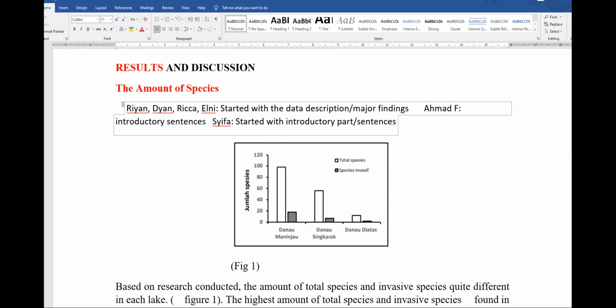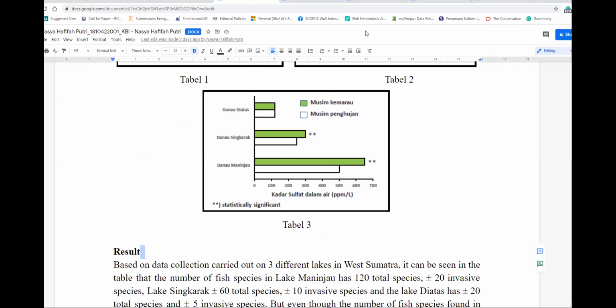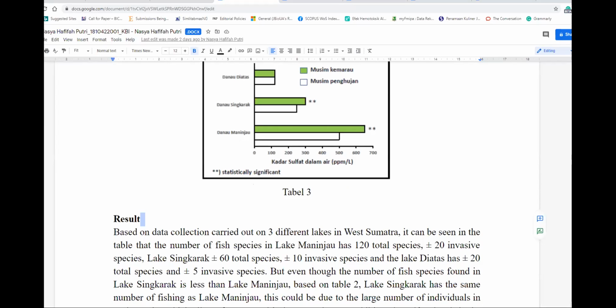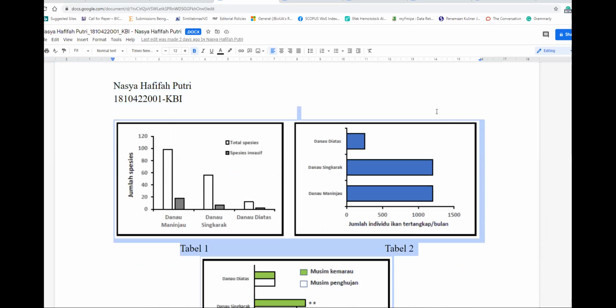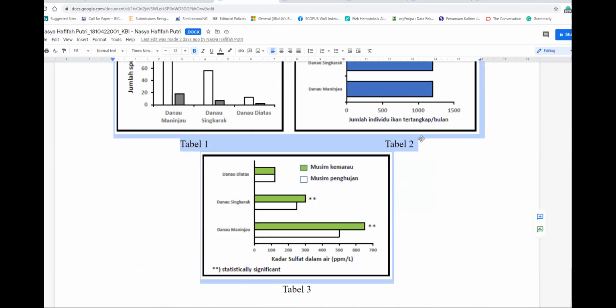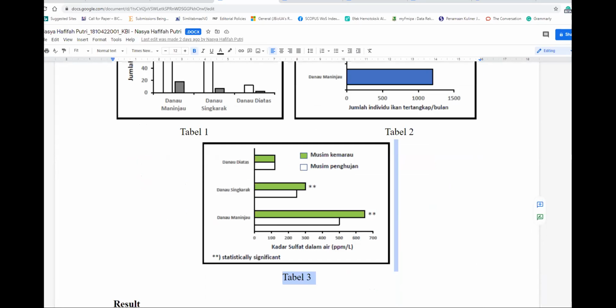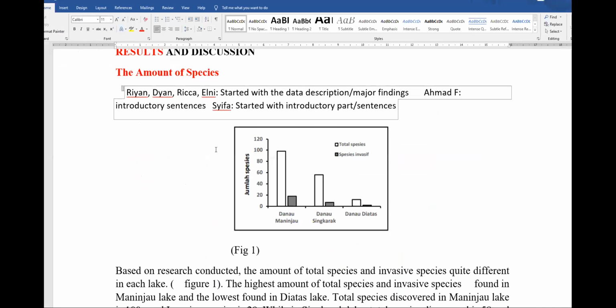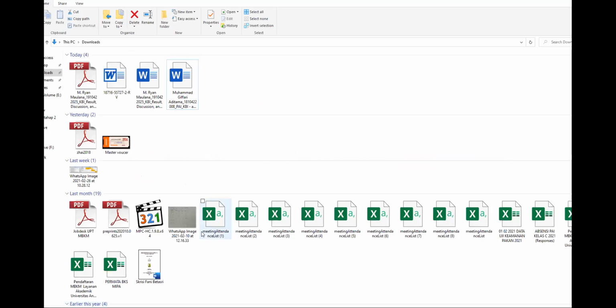So let's see here, for example, I put some wrong thing. Probably you can open another. Like previously, wait, I actually opened some data. Okay, just wait. I also have revised some part of this one. So we have to put our introductory sentence here.